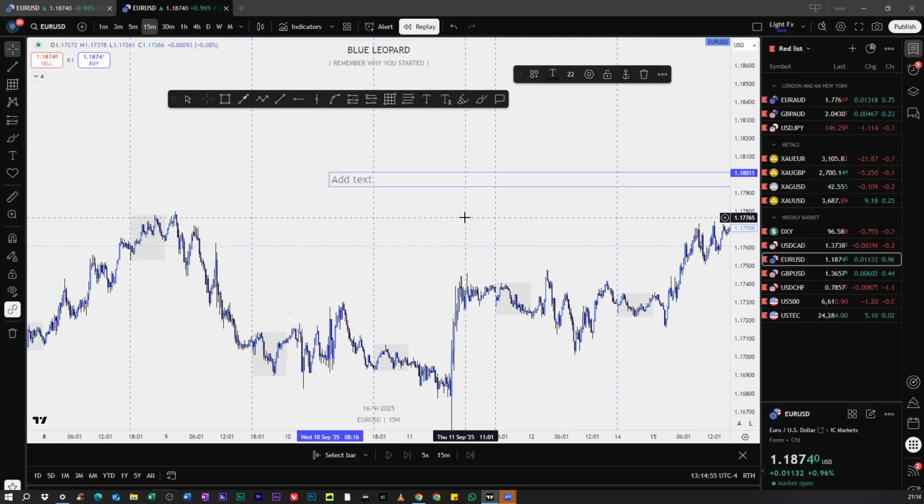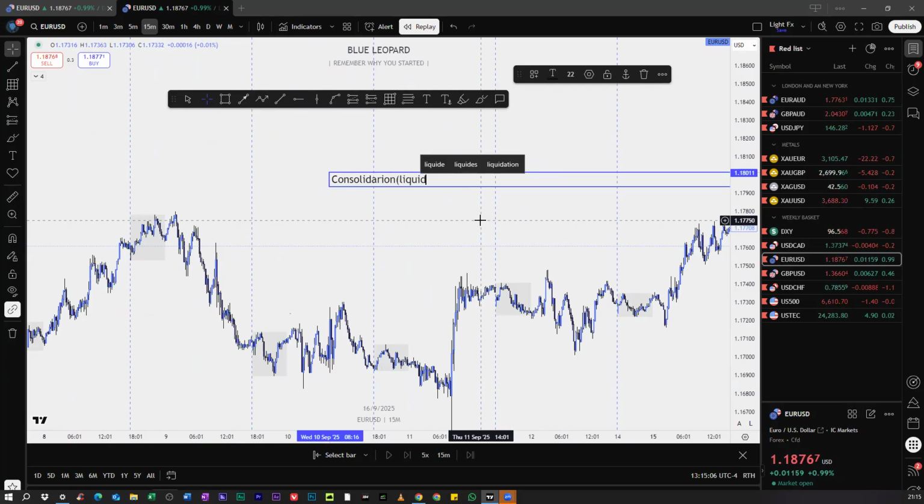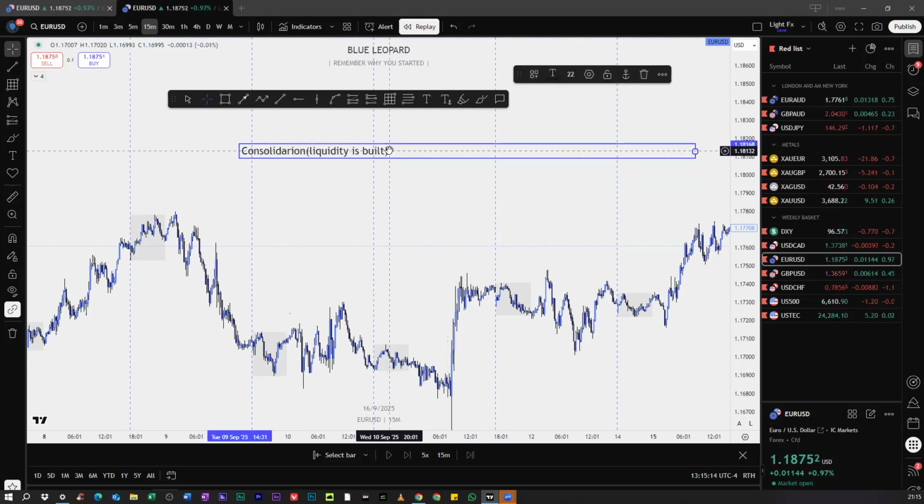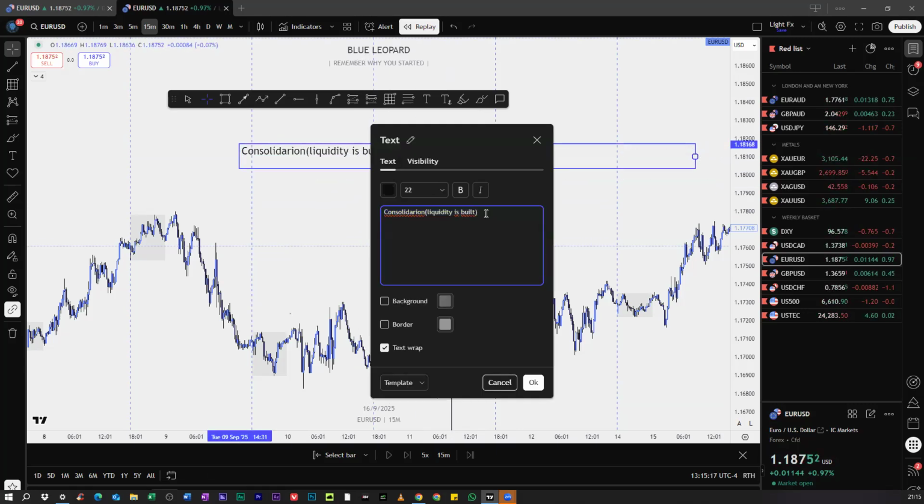But what I want you to understand is, price will create a consolidation. So in consolidation, liquidity is built. Okay? In consolidation, liquidity is built. What happens next? Manipulation. In manipulation, liquidity is swept away, or it's neutralized.